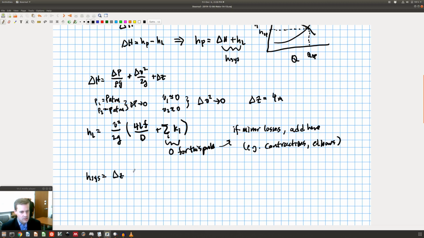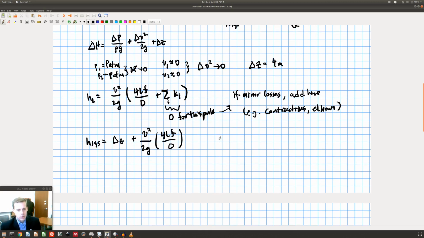So I'm going to get delta Z plus V squared over 2G multiplied by 4LF over D. Now, since I'm going to equate the pump head and the system head to one another, I'd like to rewrite this in terms of the volumetric flow rate, Q. So recall that the volumetric flow rate, Q, is the velocity times the area, and in this case, the area is pi d squared over 4 multiplied by the velocity.